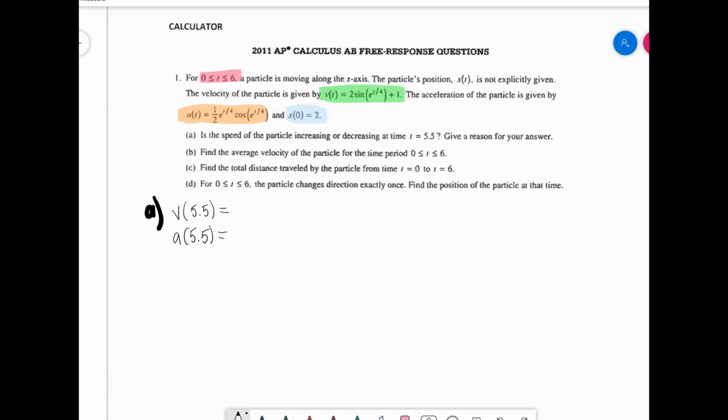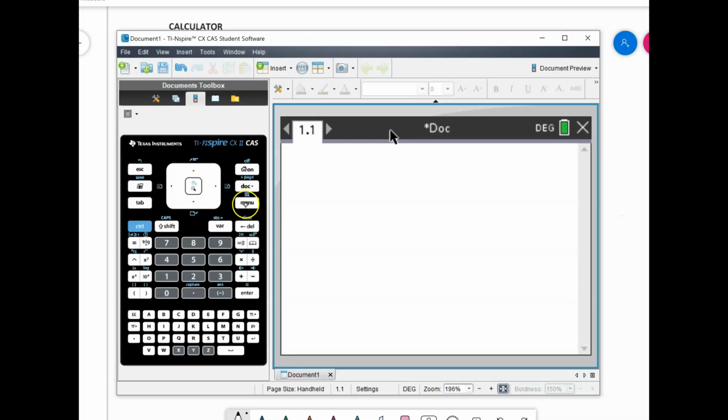So we do have to store these in our calculator. So here we go, menu, actions, define.